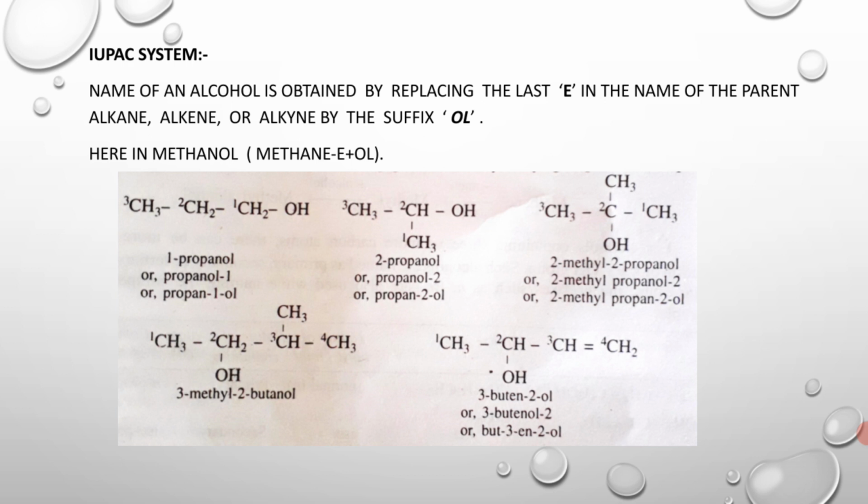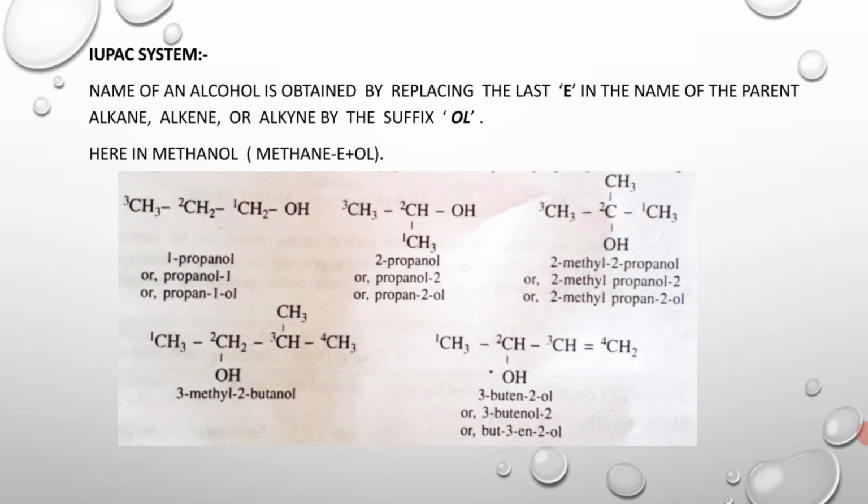For naming higher and branched chain compounds, we follow these procedures. First, choose the longest carbon chain containing the hydroxyl group and identify the parent hydrocarbon. Then the e in the hydrocarbon name is replaced by the suffix ol.